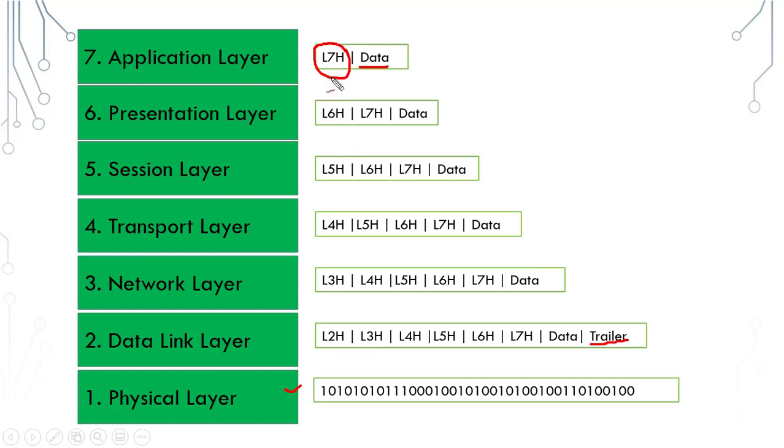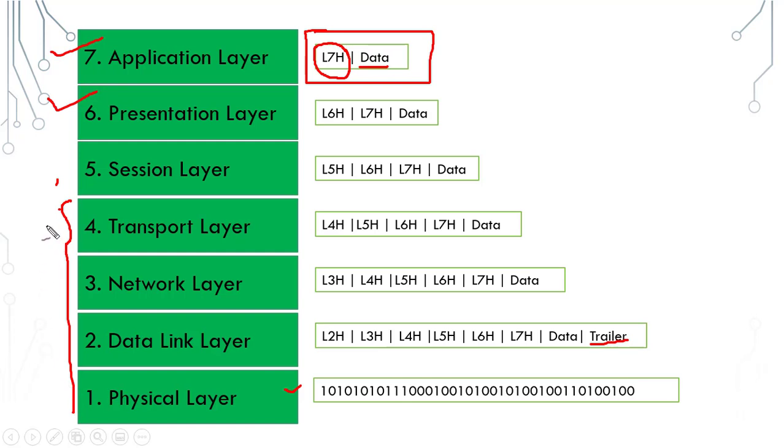So after the application layer inserts its header, this thing here is referred to as the protocol data unit, or more precisely, the application layer's protocol data unit. Similarly, the presentation layer protocol data unit, and so on. The protocol data unit from layer 4 to layer 1 has a special name.